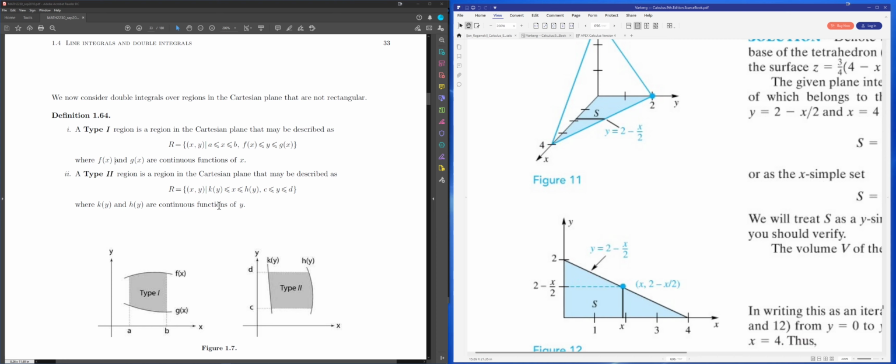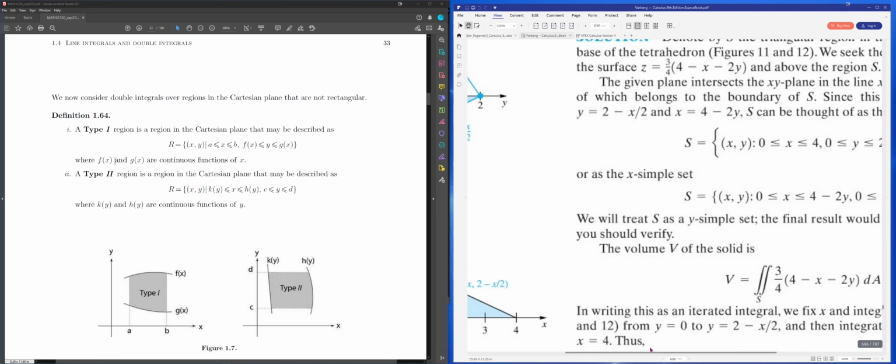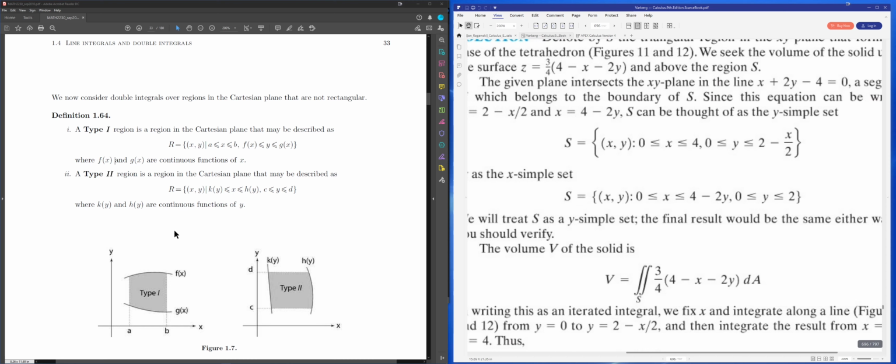So the answer would be 0 and 4 minus 2y for x, and 0 and 2 for y. And that's the answer that they have over here. The y is lying between 0 and 2, and x is between 0 and 4 minus 2y.